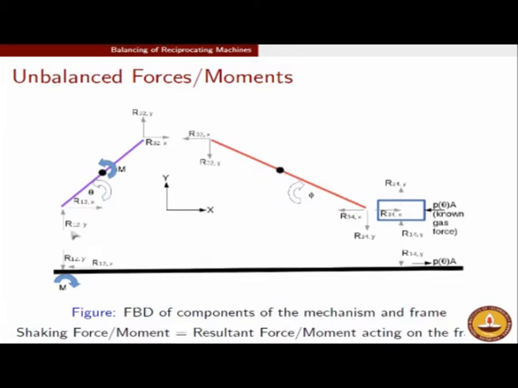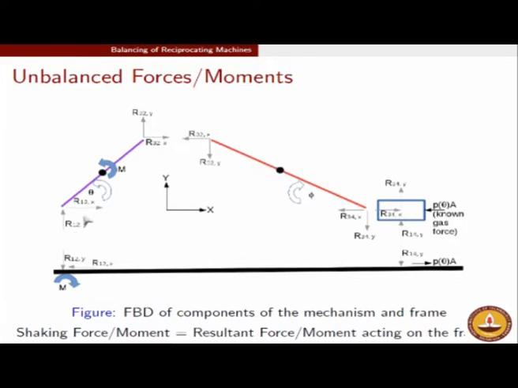Now if R12 is the force from the frame, which is link number 1, to the crank, which is link number 2, then there must be an equal and opposite reaction force from the crank to the frame. We have already evaluated the forces from the frame to the crank.